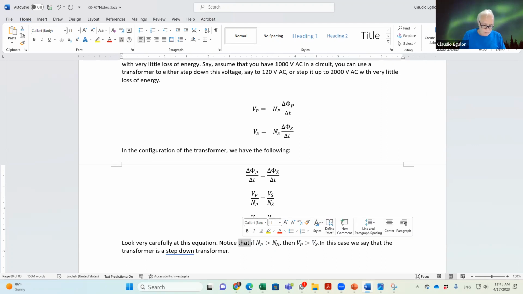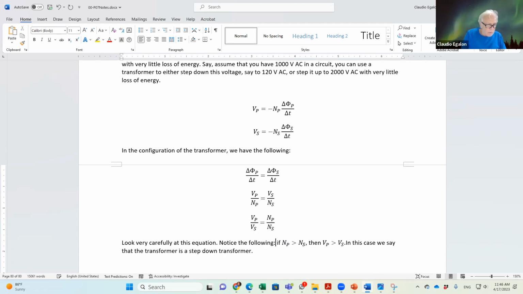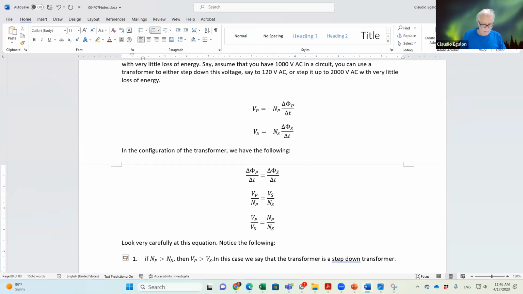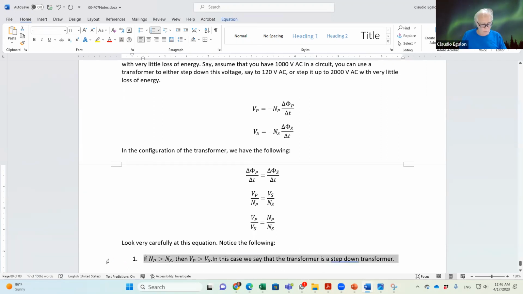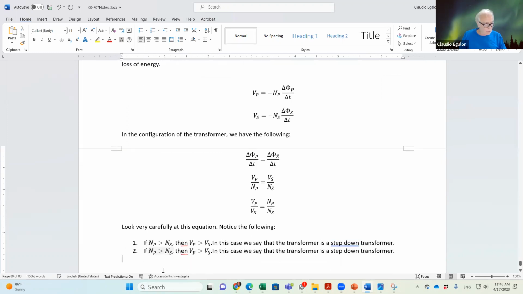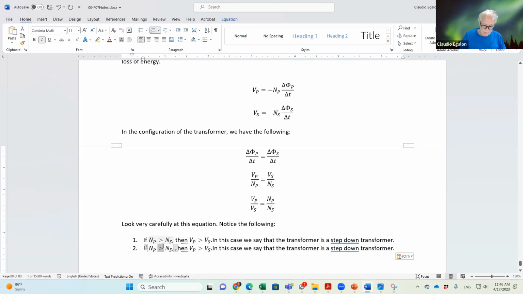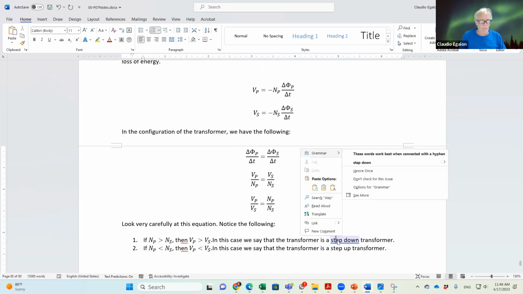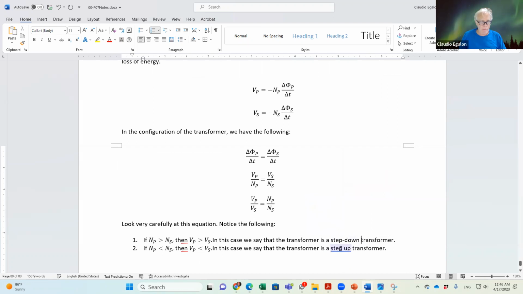Notice the following. One, if NP is greater than NS, it is step down. Two, now if we have all the opposites, right? Less than the other. And then it's a step up transformer. We have a step down and step up transformer.